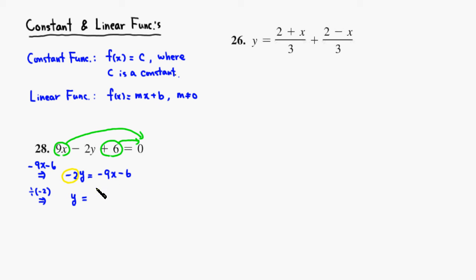The negative signs cancel out, so you have 9 halves x. Negative 6 divided by negative 2 is a positive 3. So you can see that this is in the form of mx plus b, m being 9 over 2 and b being 3. So this is a linear function.